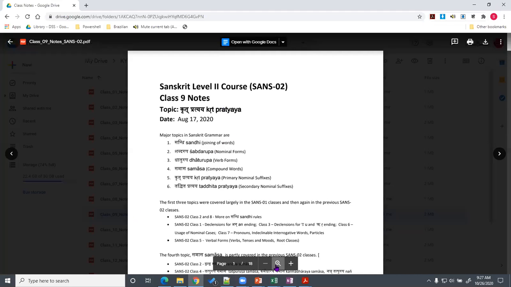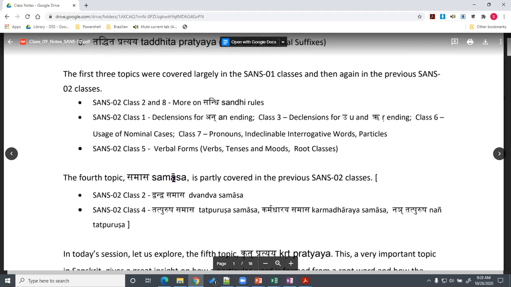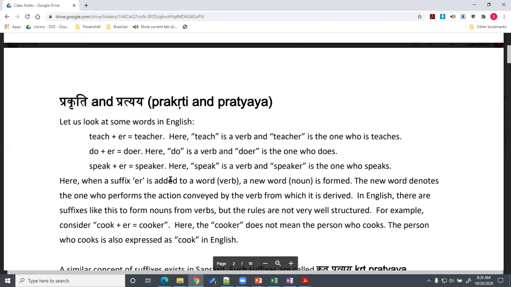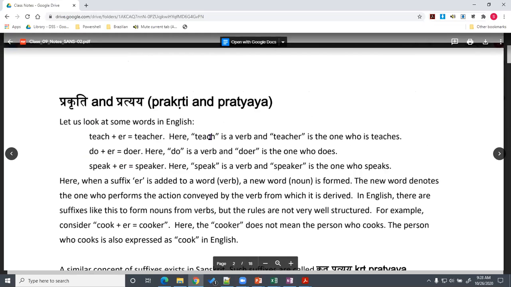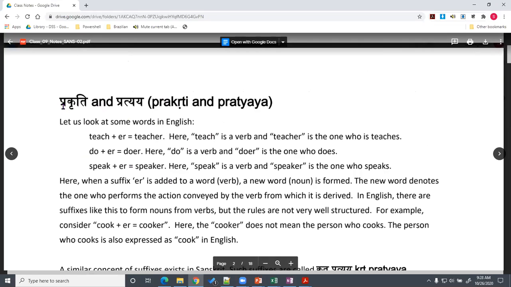Then here is the Krut Pratyaya. We covered some Krut Pratyaya here. This is one thing that gives you a very specific structure for Sanskrit, that all the words, without any exception, are divided into Prakriti and Pratyaya.